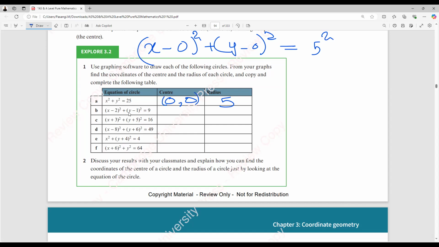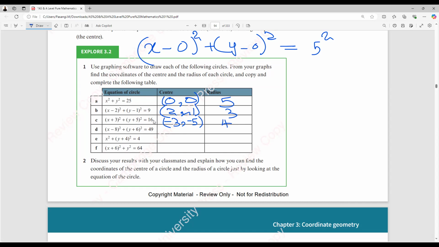Now the second equation: the center is 2, 1 and the radius is 3. Here we have minus 3 and minus 5 as the center, and then the radius is 4. 4 squared gives us 16.